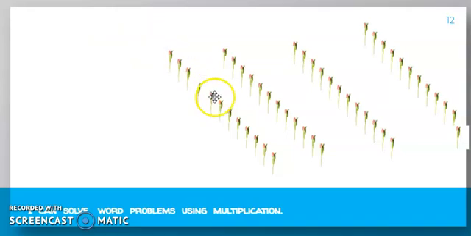We have 1, 2, 3, and 4. Great. Now, we have 12 tulips in each row. We have 12, 12, 12, and 12. Awesome. What do I need to do? How do I know how many she planted in total?